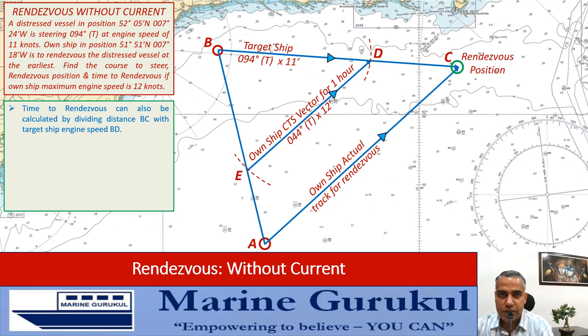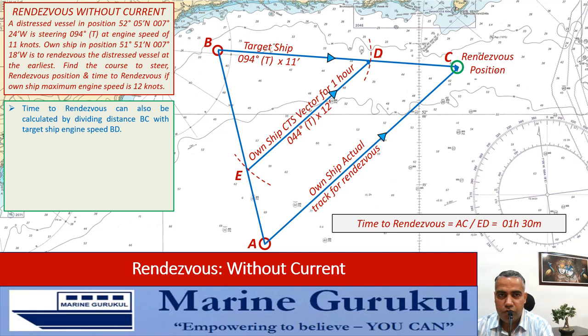Dividing distance AC by own ship speed of 12 knots, in this particular case, we obtain the time to rendezvous as 1 hour and 30 minutes. Now with this, all the required items have been obtained and the solution for this particular question is complete.